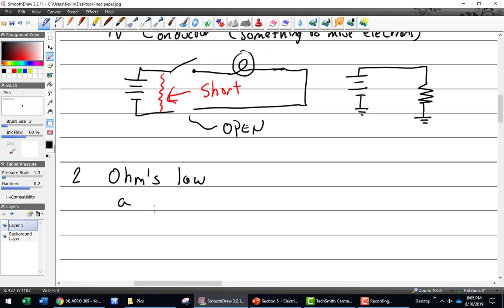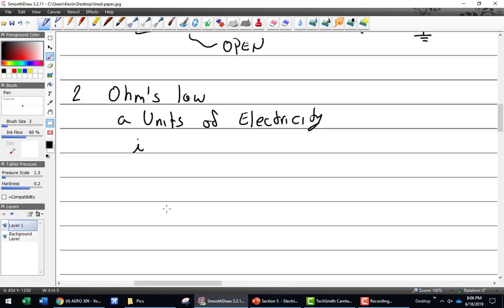So Ohm's law, we have units of electricity. And what are those units that we discussed? I will write, we had 3 of them. Amps, current, resistance, and photons? No? Go ahead, Mike. Ohms. Okay, so what was ohms? What were we actually measuring?